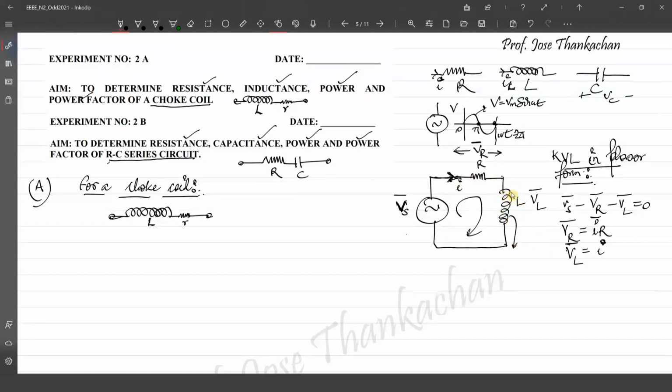For a pure inductor, the term is known as reactance, and the reactance of an inductor we represent as XL. X is the symbol for reactance. So the opposition offered by the inductor to the flow of current through it is known as inductive reactance.